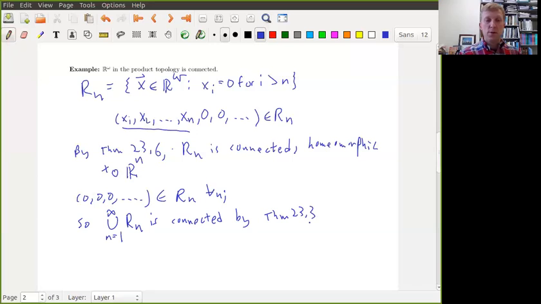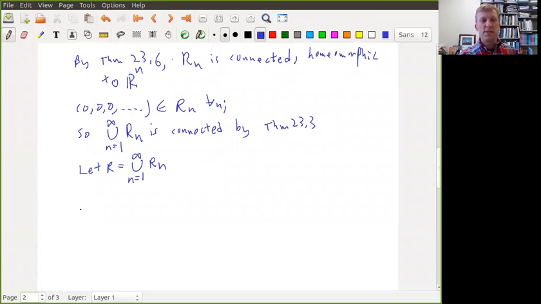Unfortunately, if we could say that this union is R omega, then we'd be done, but that union is not R omega. So just to simplify notation, let R equal the union as n goes from 1 to infinity of R sub n.